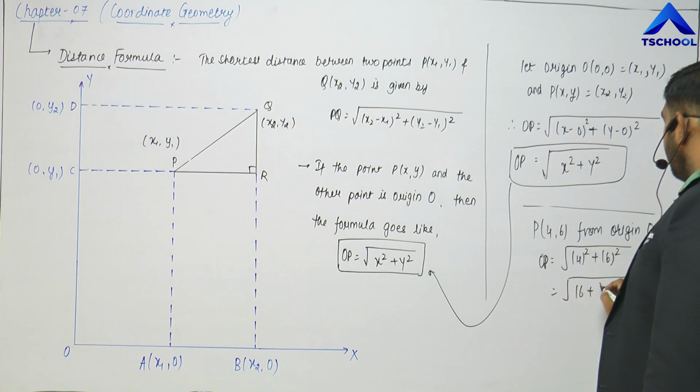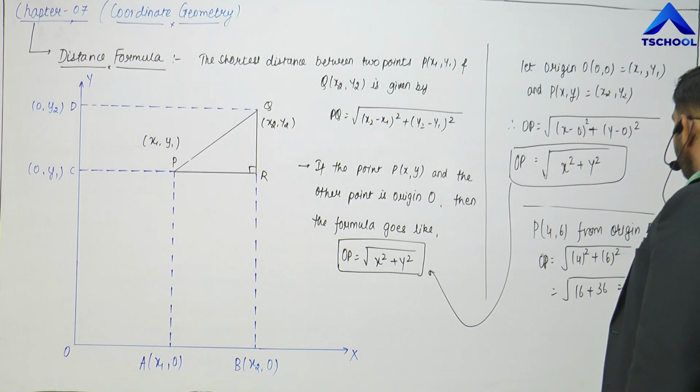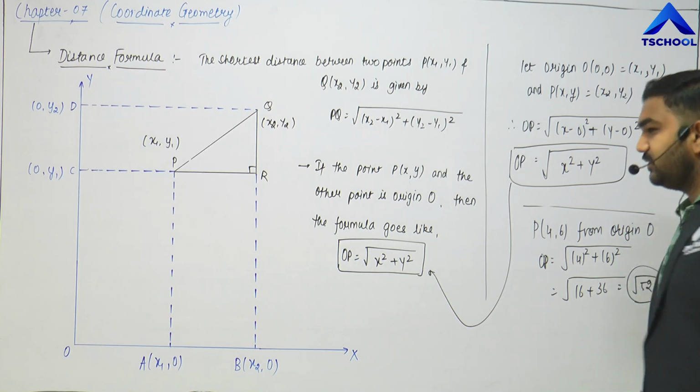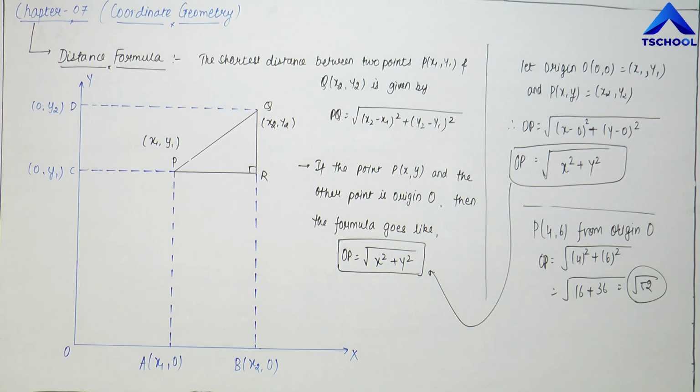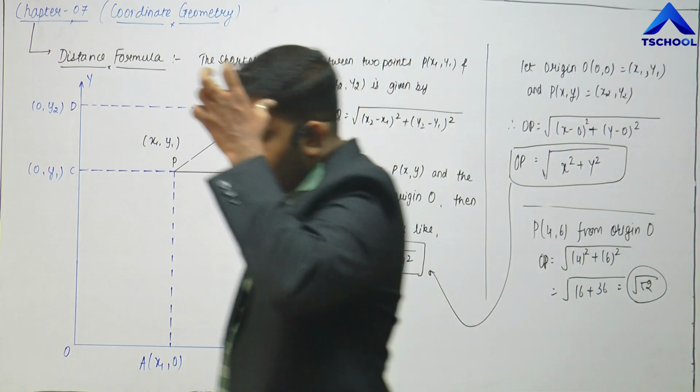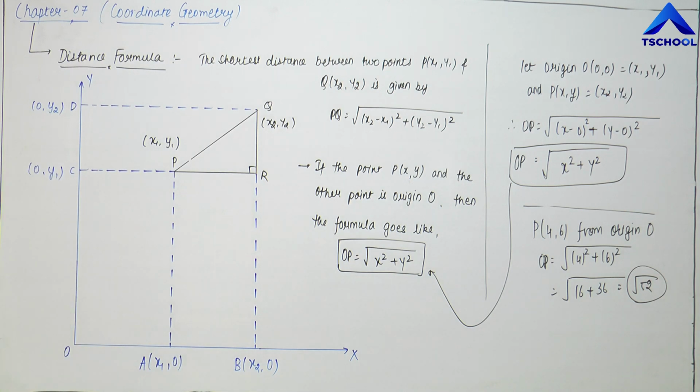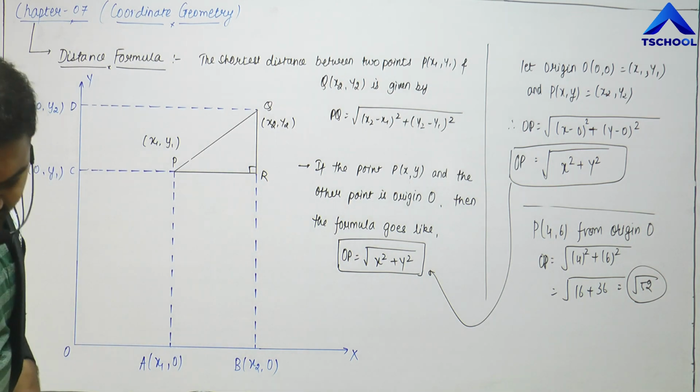That is 16 plus 36, that is square root of 52. So this will be the answer of the distance between the point 4 comma 6 and the origin. Is it clear, everyone, friends, right?